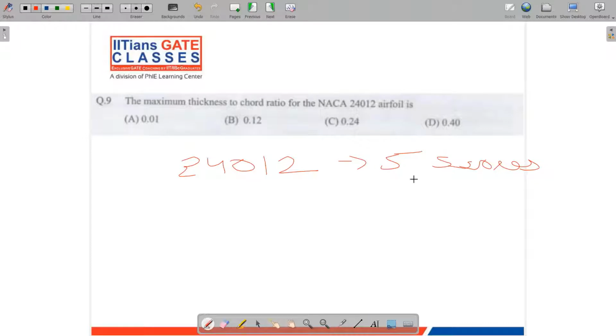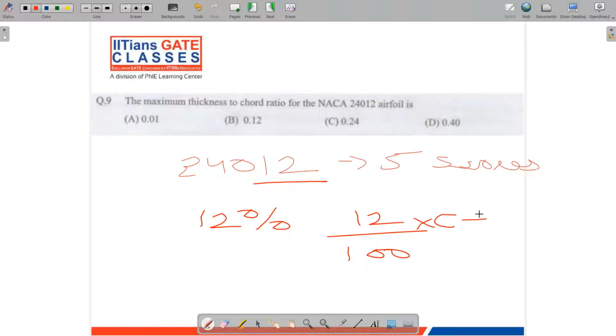So for a NACA 5 series airfoil, the last 2 digits, which in this case is 12, give you the maximum thickness to chord ratio in percentage. So what that means is that 12 by 100, that is the last 2 digits, times the chord, gives me my maximum thickness, T max.